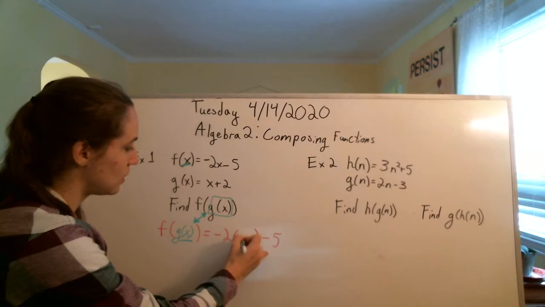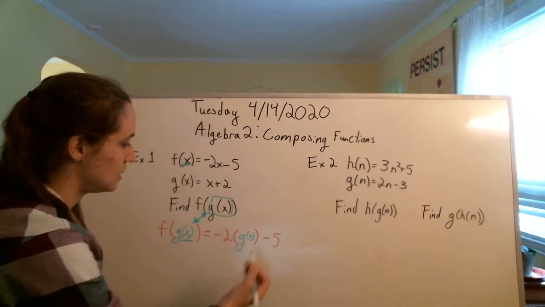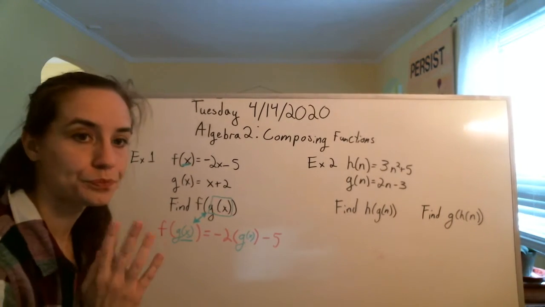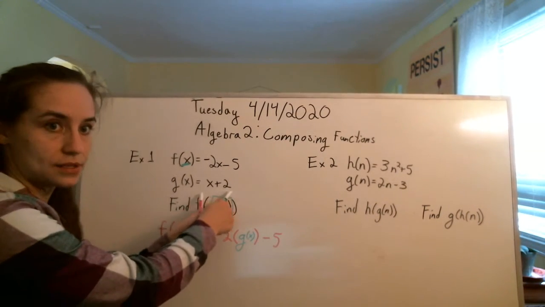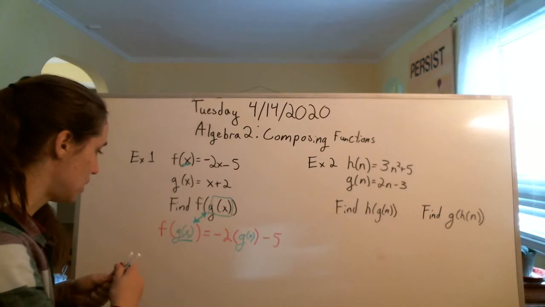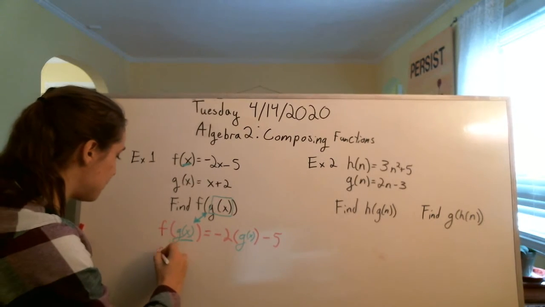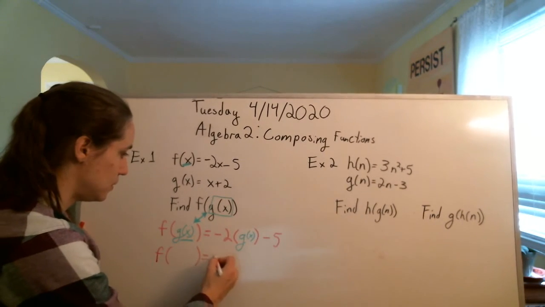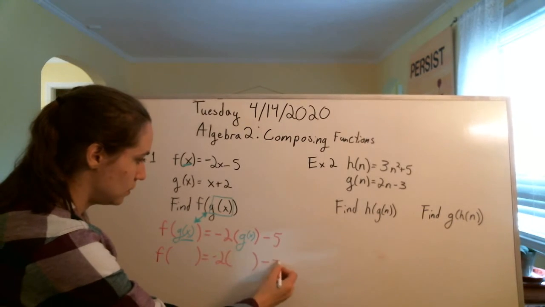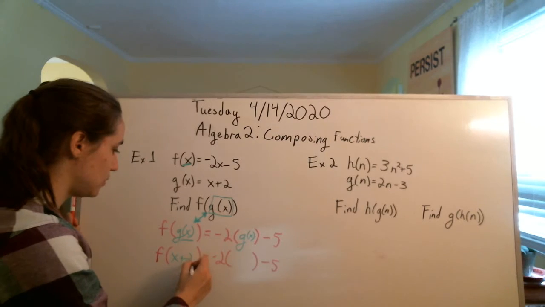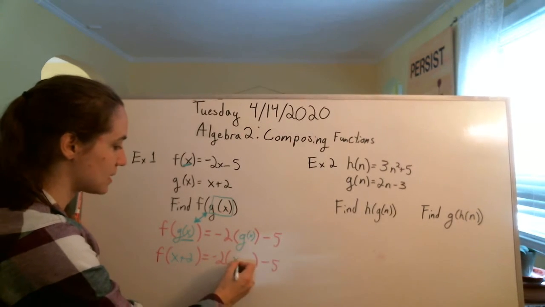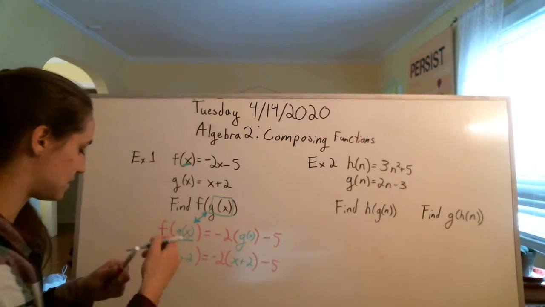So this is negative 2 of g of x minus 5. However, g of x just represents x plus 2. So really, it's f of x plus 2. So it'll be negative 2 of x plus 2 minus 5.